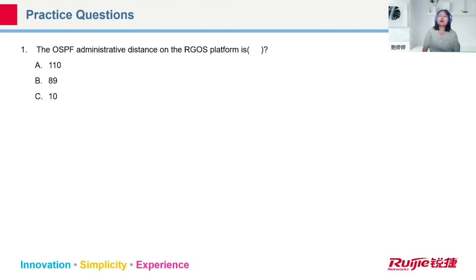And here is a question for you. The OSPF administrative distance of the Azure OS platform. What's the default administrative distance? Can you show me the answer? A, right? And what's the protocol encapsulation of OSPF?